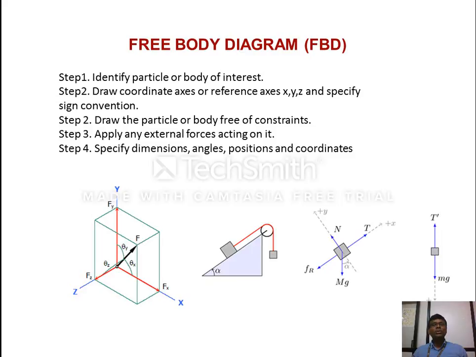Suppose there is a support; you have to replace that support with a reaction force. You can draw the whole free body diagram, or concentrate on a specific part and draw the free body diagram for that particular part. Then apply the external forces acting on it. When you remove the constraint, there are external forces acting on it, so you have to include the external forces acting on that boundary.